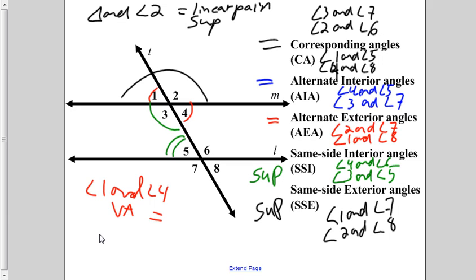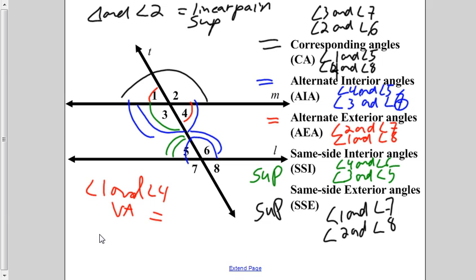So alternate interior angles are 4 and 5, and 3 and 6. Those are alternate interior angles. Wait, you said the same side interior of 3 and 5, but you don't have something else. 3 and 5, and 4 and 6.